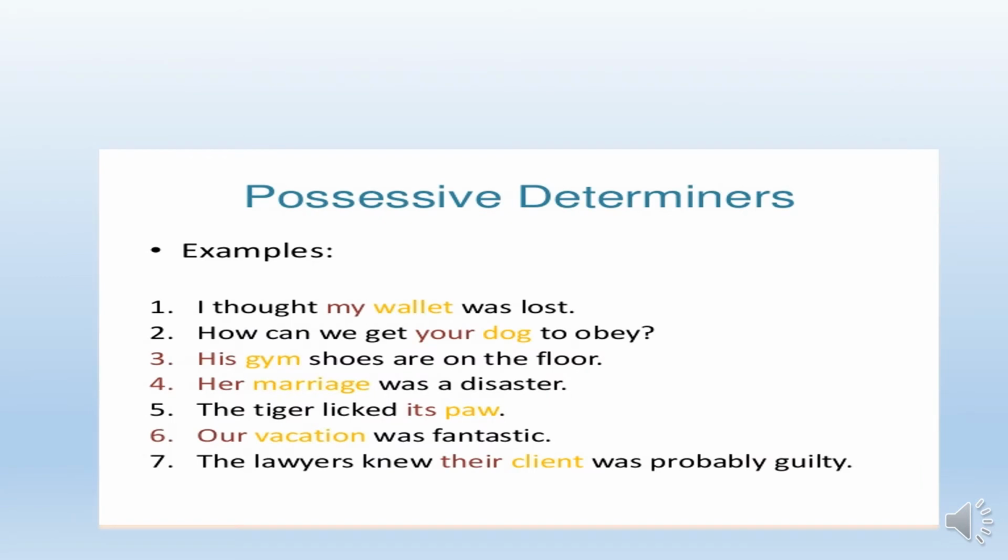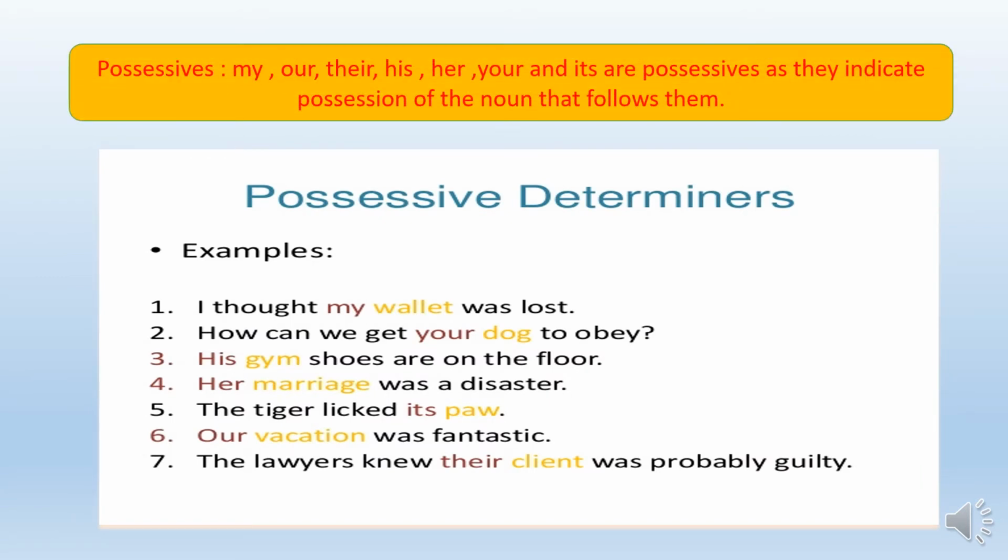Now let's move on to the next determiner, that is possessives. My, our, their, his, her, your and its are possessives, as they indicate possession of the noun that follows them. Possession means showing ownership.